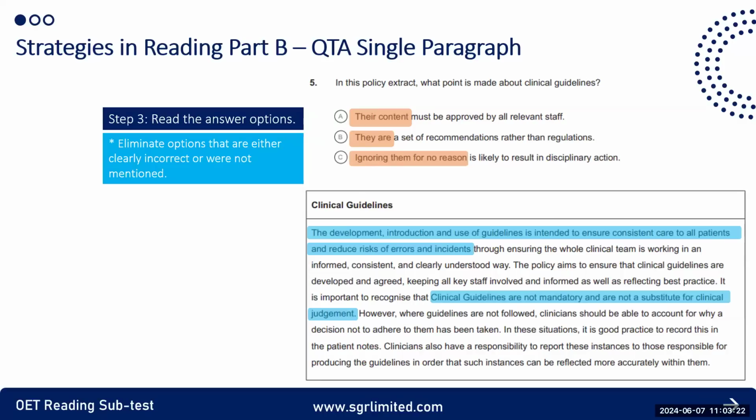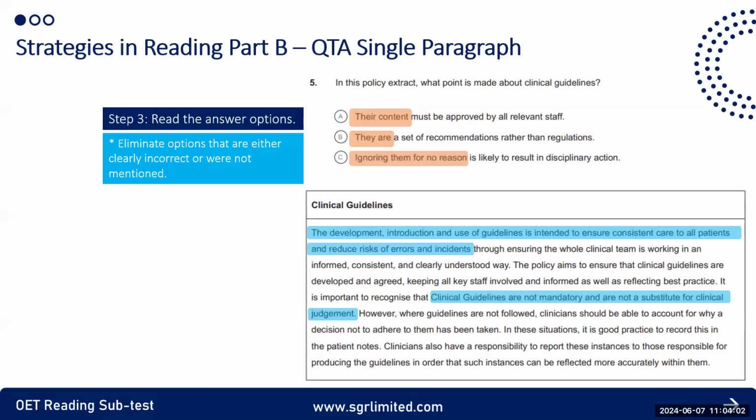Now, let's take a look at option A and see what is the information that we need to find evidence of in the text. This option states that their content, meaning the content of the clinical guidelines, must be approved by all relevant staff. If we take a look at the topic sentence and the part where we found a main idea, we don't have any evidence here about the content needing to be approved by all relevant staff.